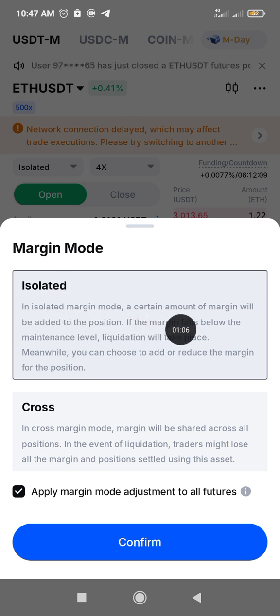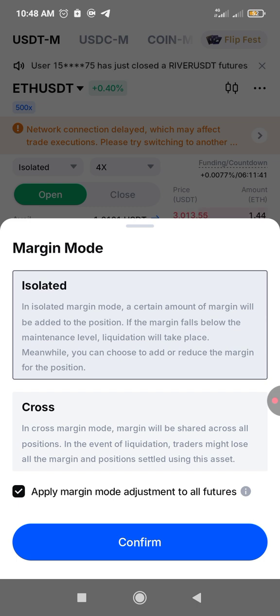They said in isolated margin, a certain amount of margin will be added to the position. If the margin falls below the maintenance level, liquidation will take place. Meanwhile, you can choose to add or reduce the margin for the position. What it means is that if you are trading this Ethereum USDT, let's say you are buying and the price starts falling, if it falls below the liquidation value, as we're going to see in this video, all your money will be gone.